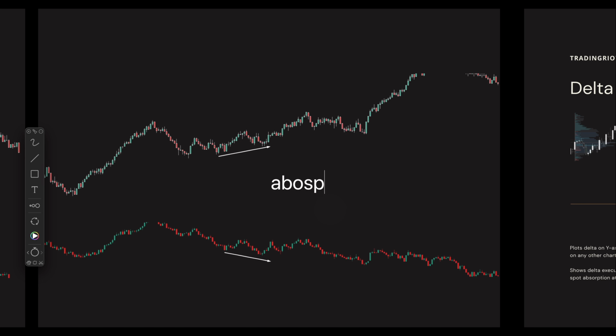So the first one is the absorption, when you have price and you have your CVD.